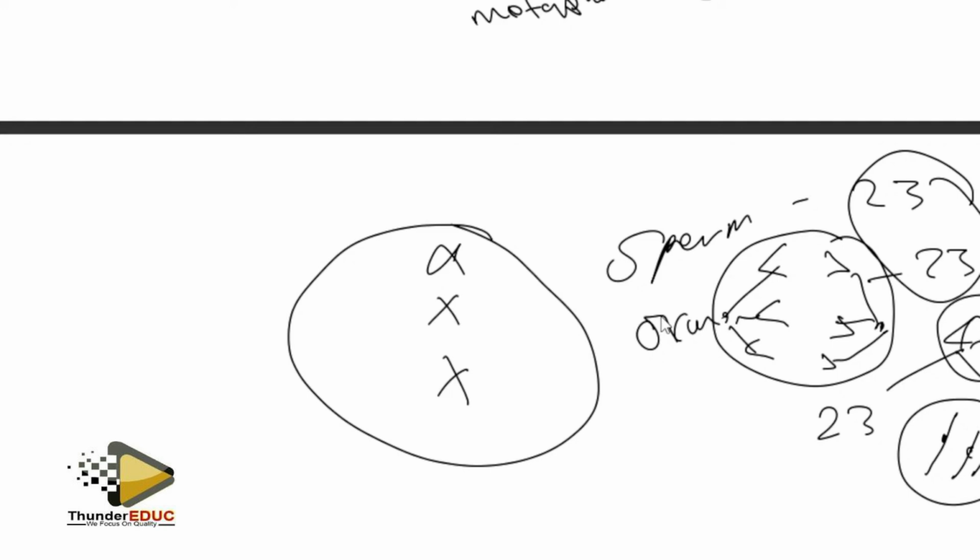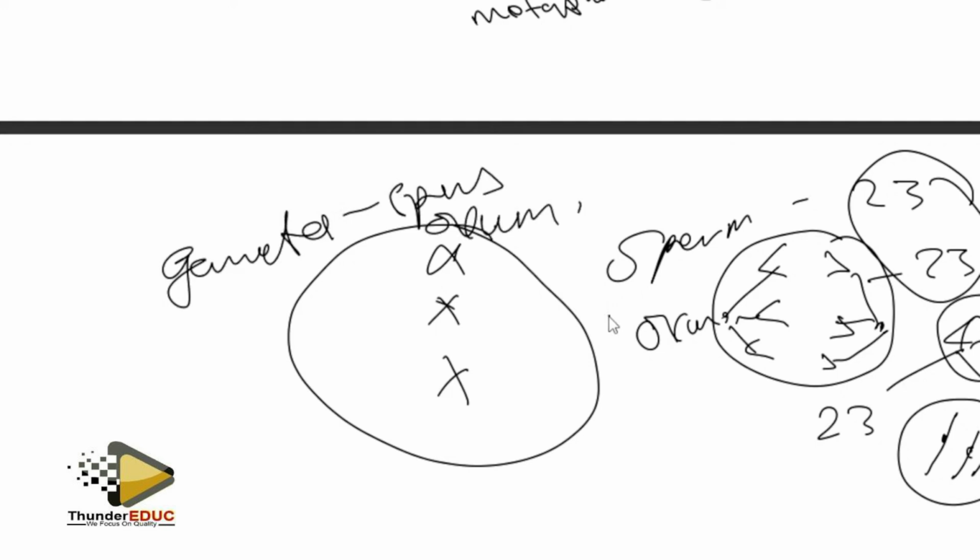Number 1, that is it. Number 2, the major importance of meiosis is to produce gametes. Gametes are the sperms and the ova or ovum. Number 3, where does meiosis take place?